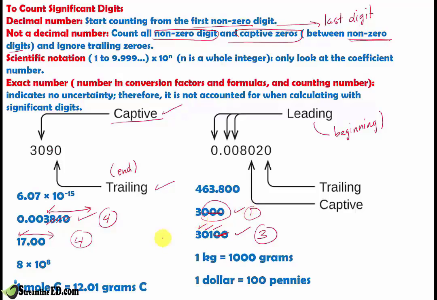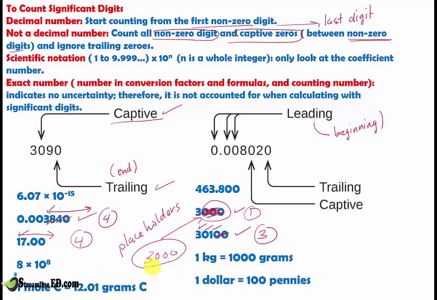Now these zeros are still important to determine the value of the number because they are placeholders. That is, they hold the value of a number. Because if I were to take away these zeros from 3000, you would have only 3, and by having that, 300 now becomes 3000.